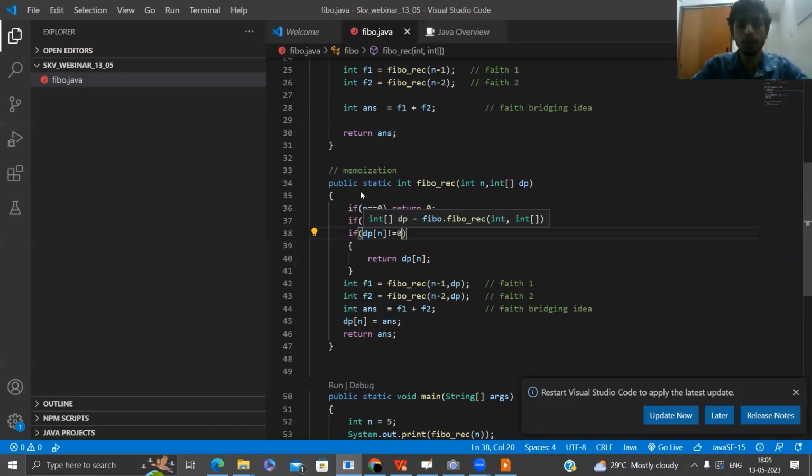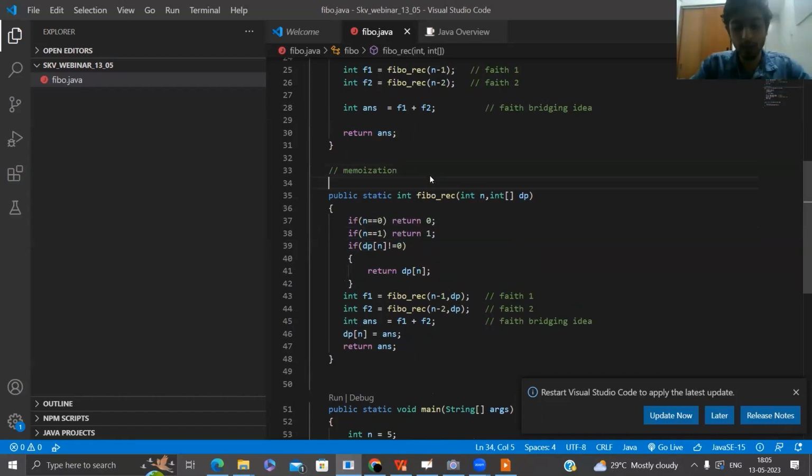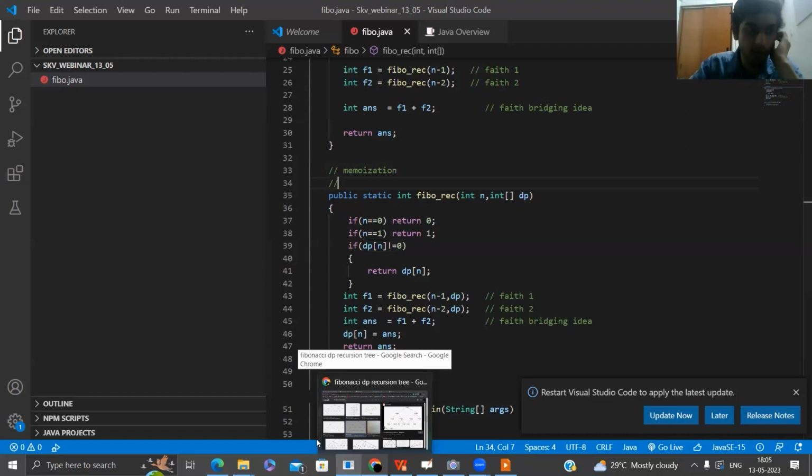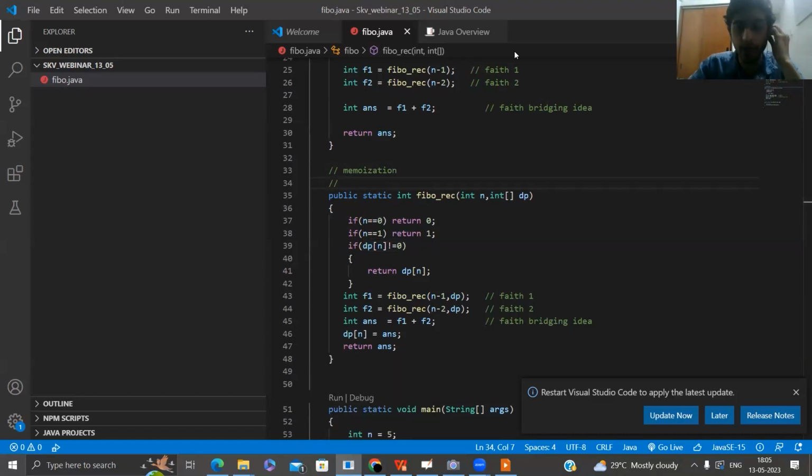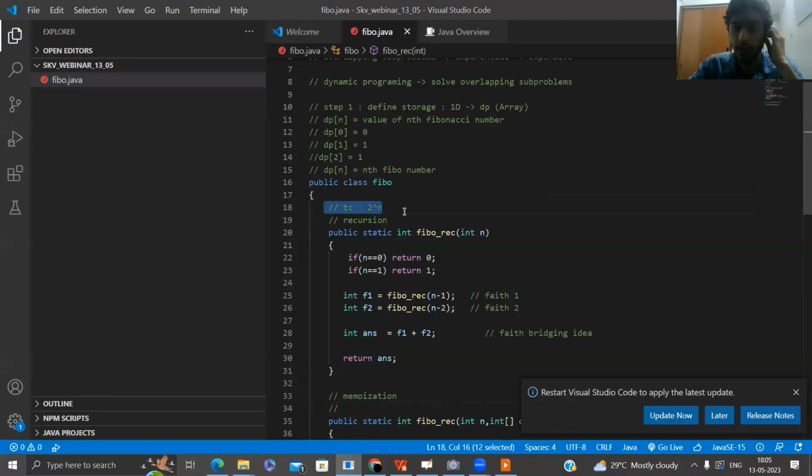Okay, so let me write the time complexity for this. Any guesses for the time complexity? Do you want to unmute yourself and tell the time complexity for this particular solution? Initially, we were getting the exponential time complexity, right?